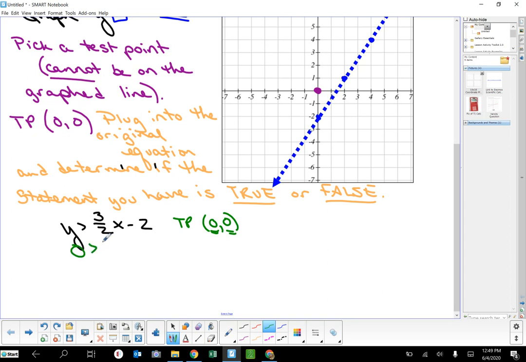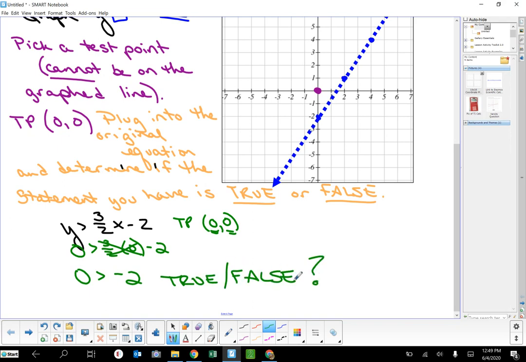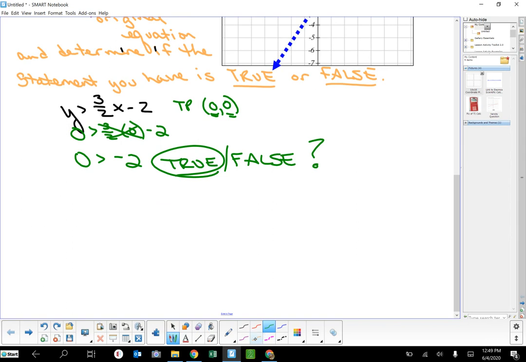So this cancels out. 0 is greater than -2. The question you want to ask yourself is, is this true or false? Well, 0 is bigger than -2, so it's true. So here's what you're going to do.